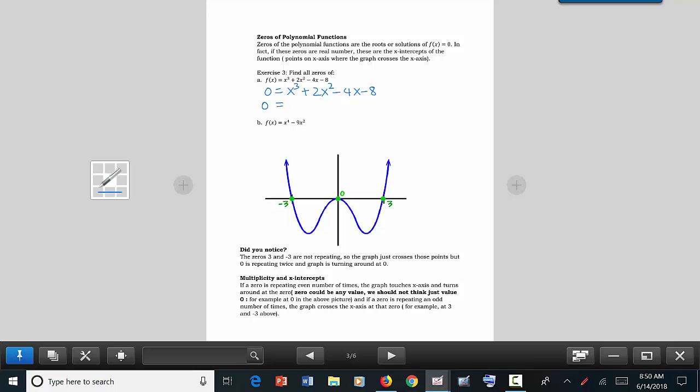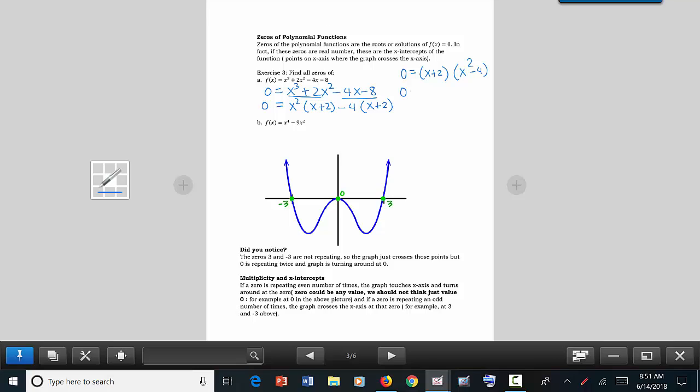There is nothing we can take out, so let's make groups of 2. Hopefully it will help. If we factor x squared out, we are left with x plus 2. If we take negative 4 out from the other group, we are left with x plus 2. Now here we can take x plus 2 out, remaining is x squared minus 4.